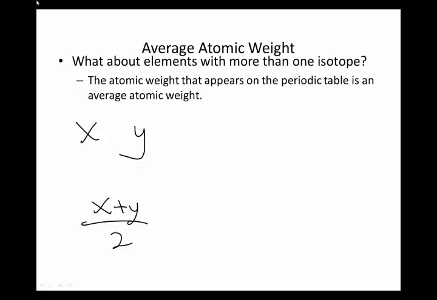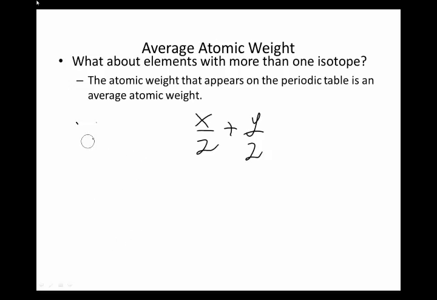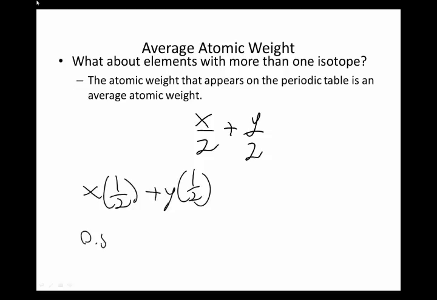I can break this up into x over 2 plus y over 2, right? I can do that. And then I can call this x times 1/2 plus y times 1/2, and then 0.5x plus 0.5y. 0.5 is equivalent to 50%.